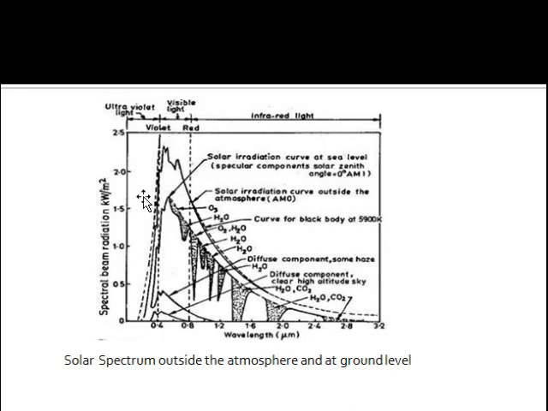So it is just the starting layer of the atmosphere. At that point visible light has an energy density of nearly 2.3, maybe between 2.3 and 2.5 kilowatt per meter square.